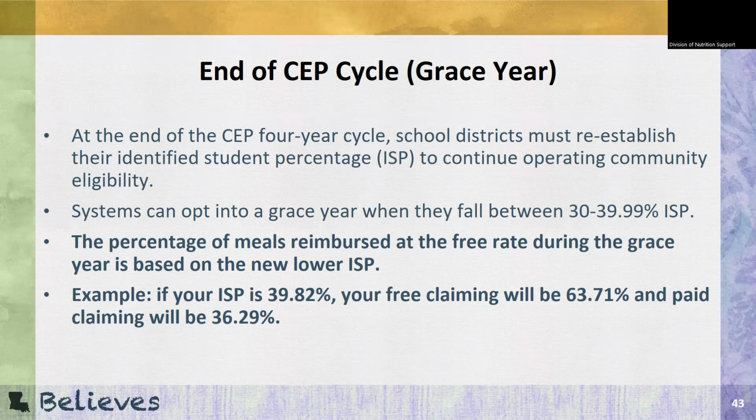In order to be eligible for this grace year, the identified student percentage in year 4 of the last cycle must be between 30% and 39.99% ISP. The percentage of meals reimbursed at the free rate during the grace year is based on the new lower ISP. For example, if your ISP is 39.82%, your free claiming will be 63.71% and paid claiming will be 36.29%.